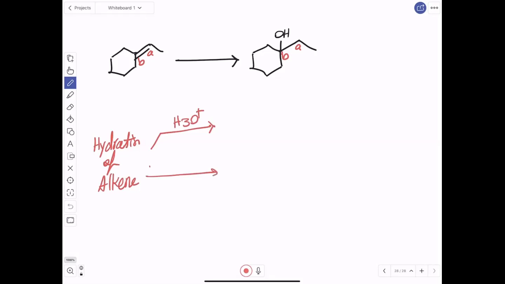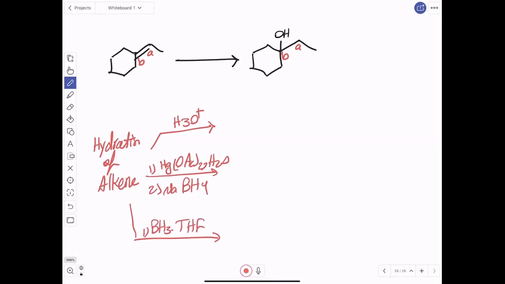The second one is oxymercuration, demercuration. And the third one is hydroboration, oxidation.